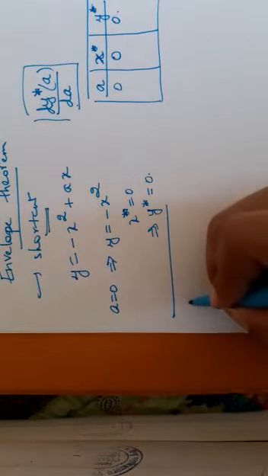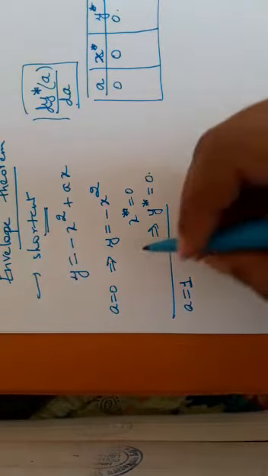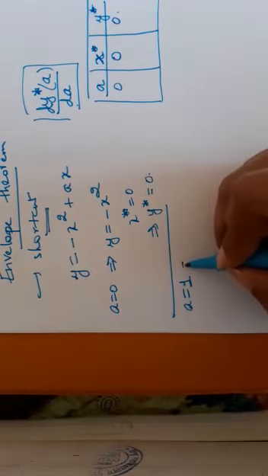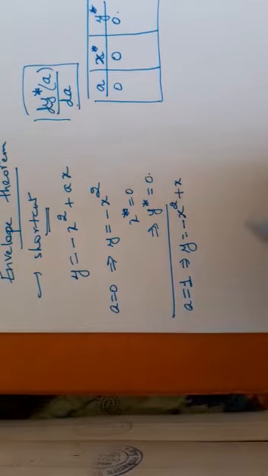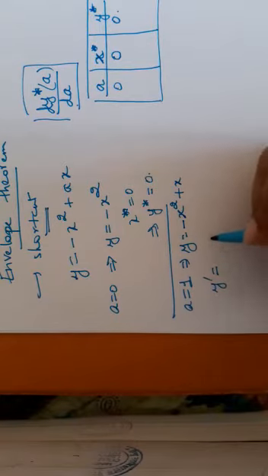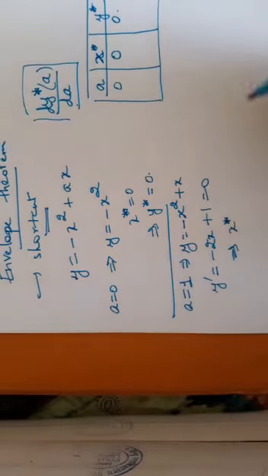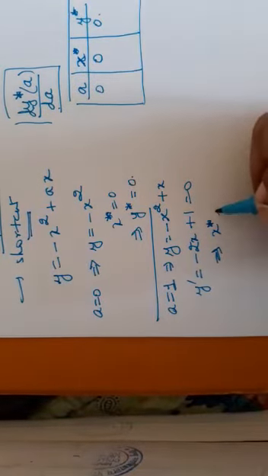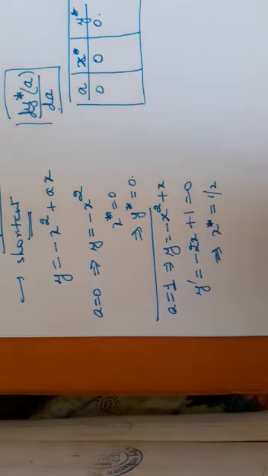Now suppose I take a equal to 1. Then my function becomes y equal to minus x squared plus x. Now if I take the first order condition and put that equal to 0, I take the first order derivative, minus 2x plus 1, put that equal to 0, and that implies that I'm going to get my stationary point at x star equal to 1 by 2.